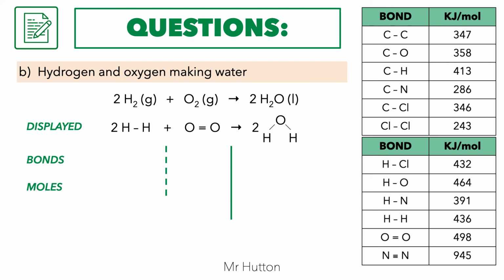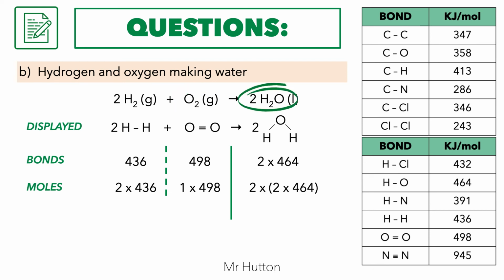So let's put those bond values in. So the HH is 436, our double bond oxygen is 498, and then we've got 2 OH bonds in that molecule of water, so we've got 2 times 464. So looking at the moles, we've now got 2 moles of hydrogen, we've got 1 mole of oxygen, and then we've got 2 moles of our water.